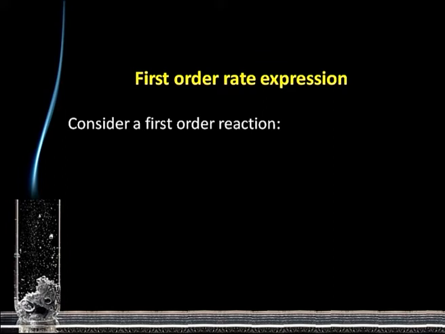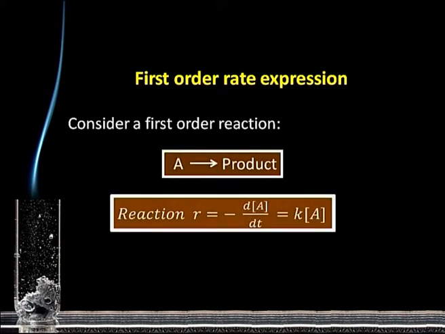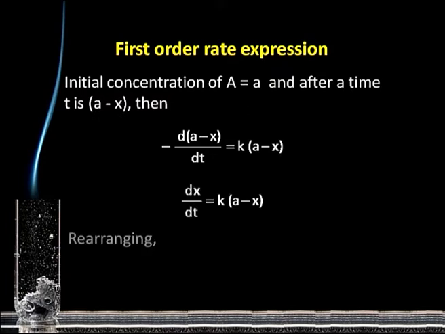Consider a first order reaction, A giving you products, rate R is equal to minus dA by dt is equal to k into A. If we put the concentration of A to be A minus x after a time t, where x is the amount of A that has reacted in time t, then we can write the differential equation minus d(A minus x) by dt is equal to k into (A minus x), and after a sequence of steps we rearrange it to get the form which can be easily integrated.